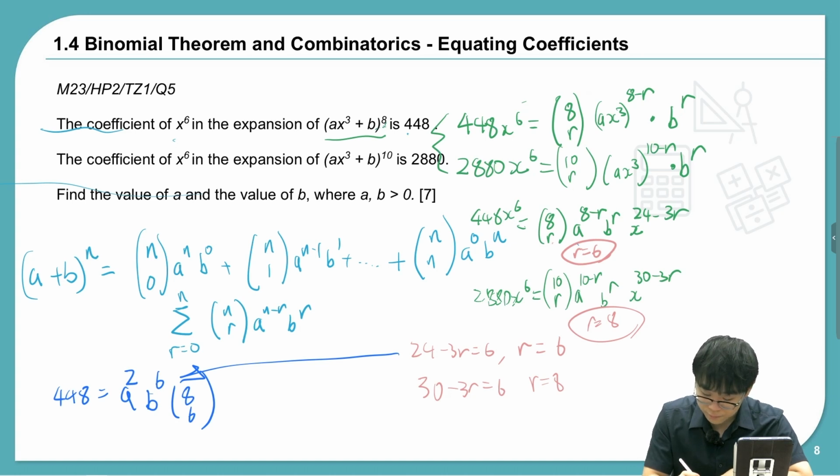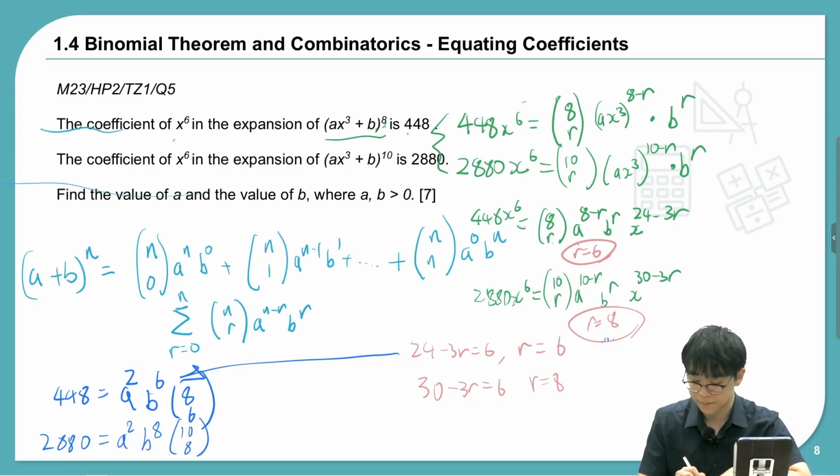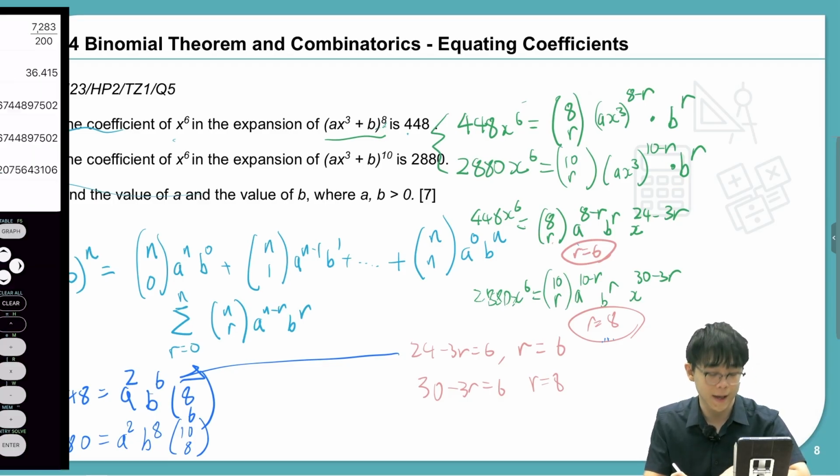Next, we have 2880. That's the result of plugging r equals 8 here. So we'd have a squared, b to the power of 8, and then we'd have 10 choose 8. Okay. So if we solve for these, we should be able to get our a and b values.